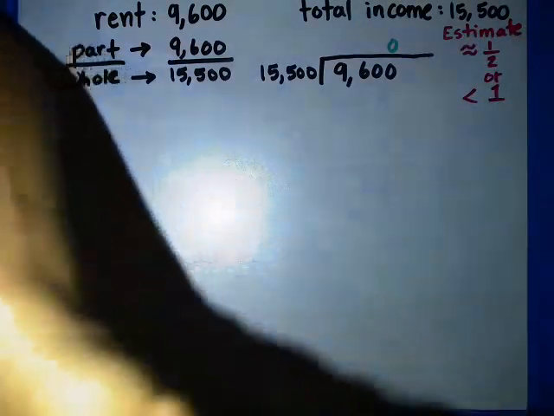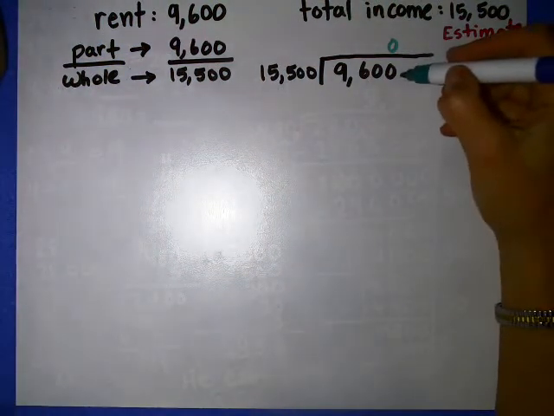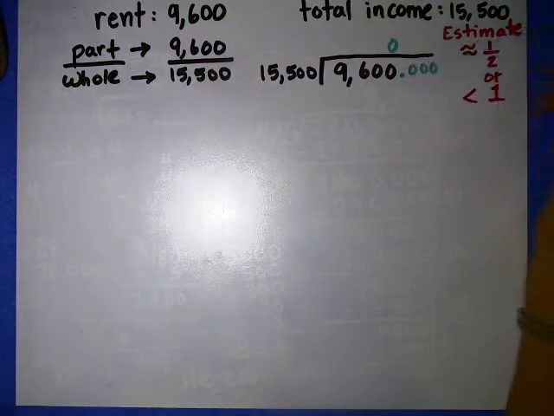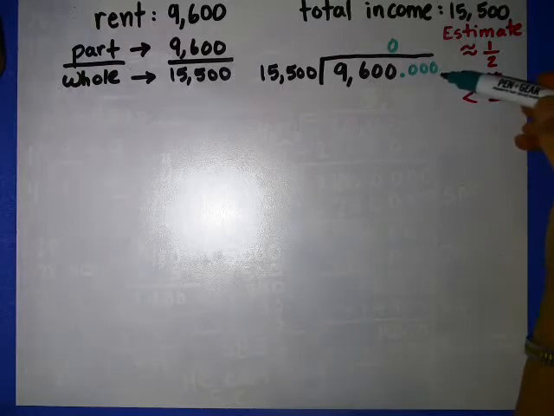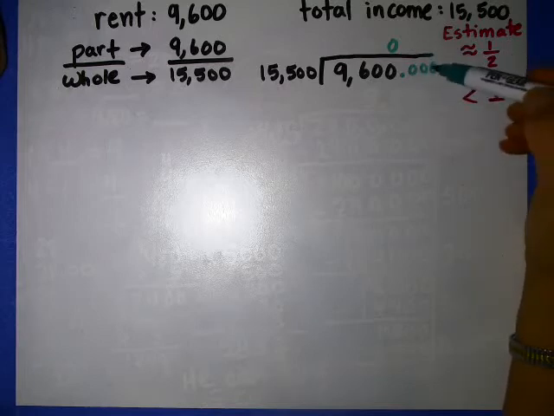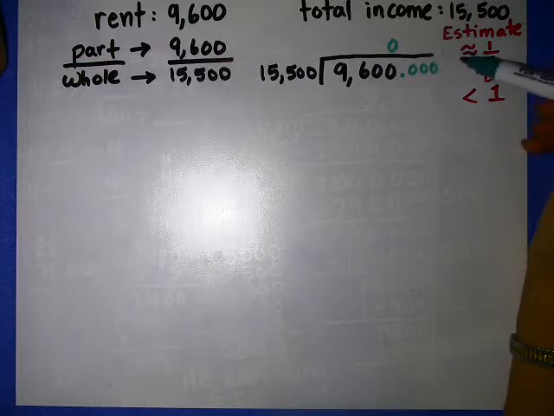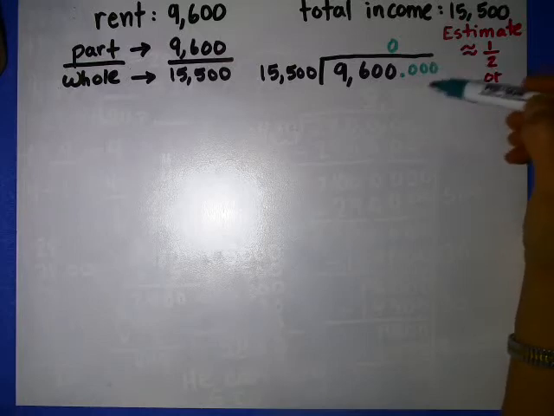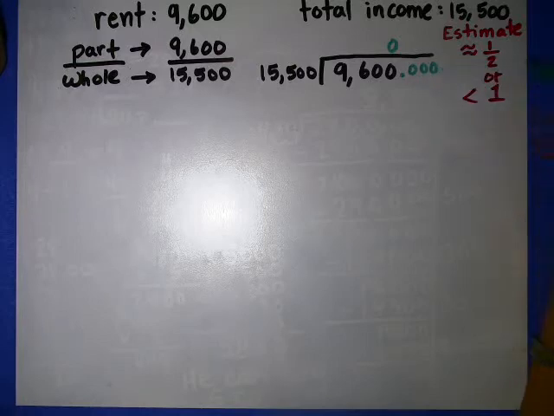So I'm going to add 3 zeros, and the reason why I add 3 zeros is because I always want you to round to the nearest hundredth, and if you go 3 digits past the decimal, then you can round to the nearest hundredth. You do not have to keep going forever.